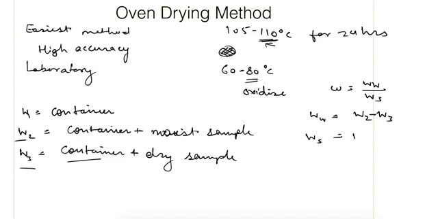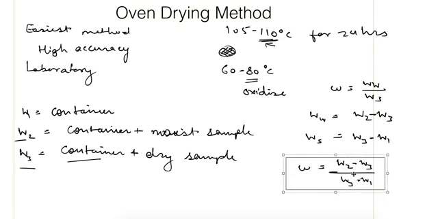So it is W3 minus W1. The water content is given as (W2 minus W3) divided by (W3 minus W1). This is the formula for this method.